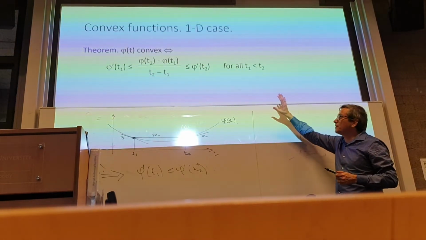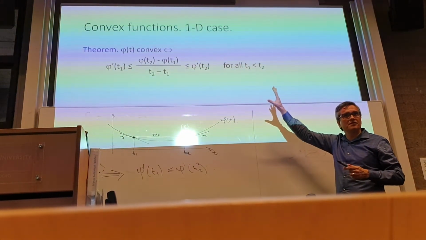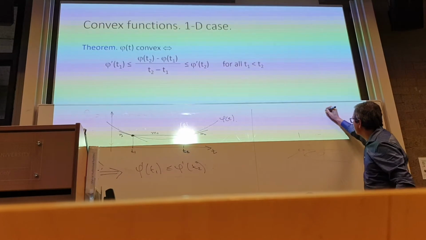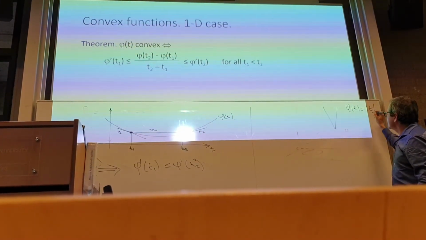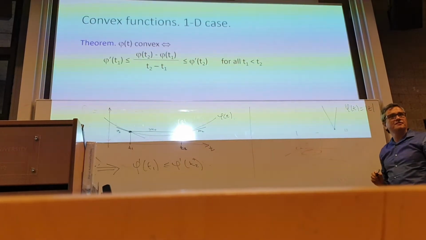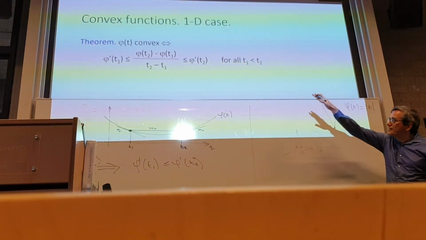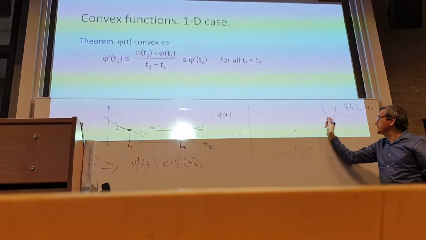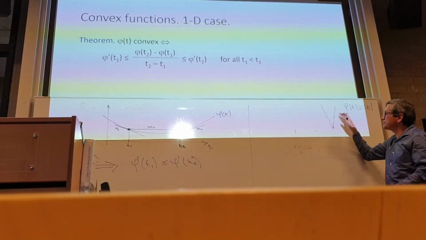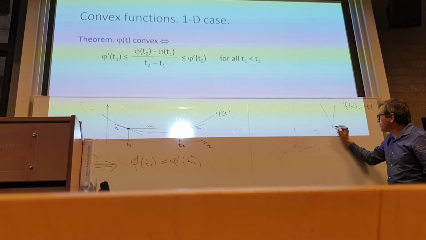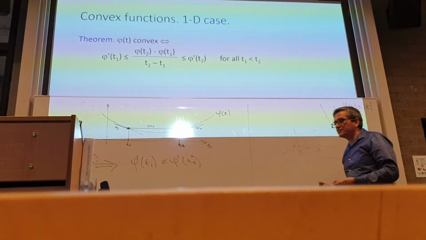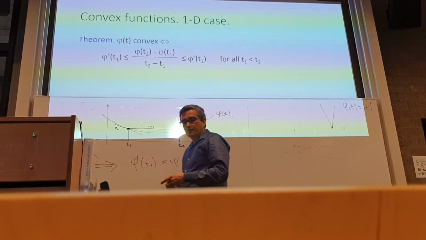Okay? So I'm assuming that the function is differentiable. So I cannot apply this theorem for absolute value, because the derivative doesn't exist here. But something like that actually happens. If I take a derivative here and a derivative here, still I have that less or equal. But I have problems with this point because the derivative at zero doesn't exist.